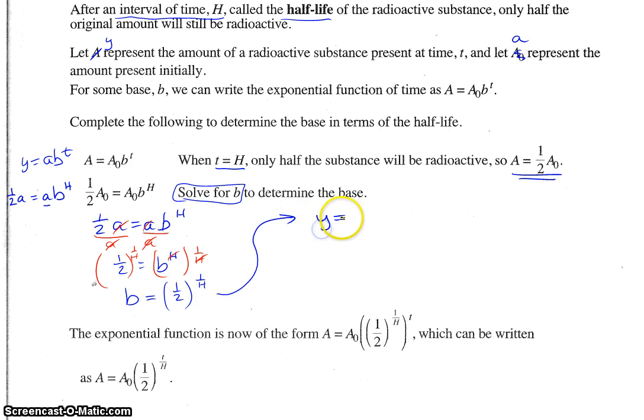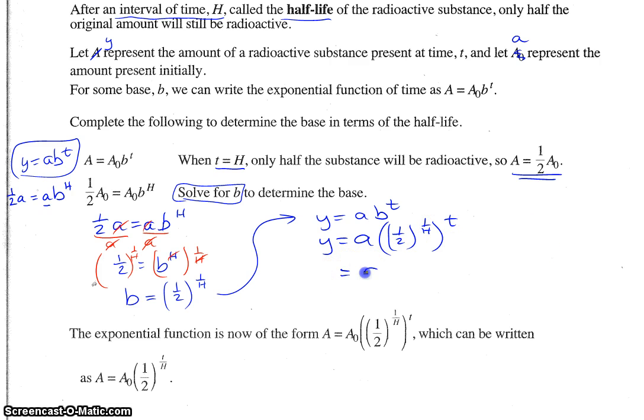Now we're going to sub back into our original equation, y equals a b to the t. I'm using the one that we developed in a previous lesson for the equation of the graph, just so that we can compare it to our formula sheet equation. So in for b, with t still on the outside, goes 1/2 to the exponent 1 over h.